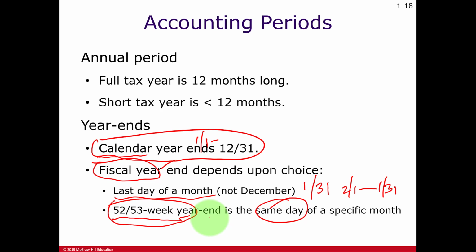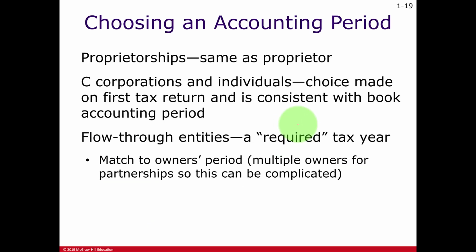So your year is usually chosen on your first tax return. Again, individuals usually use a calendar year. Here it says that certain flow through entities, we'll learn about something called an S corporation, and we'll learn about partnerships.